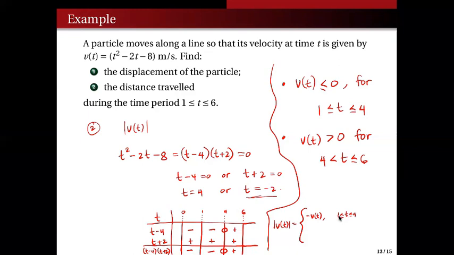But on this interval, 1, comma 4, v of t is negative. So I have to put that negative to make it positive. Negative of some negative value becomes positive. And if your t is between 4 and 6, your velocity is already positive, so you'll just have v of t in here.